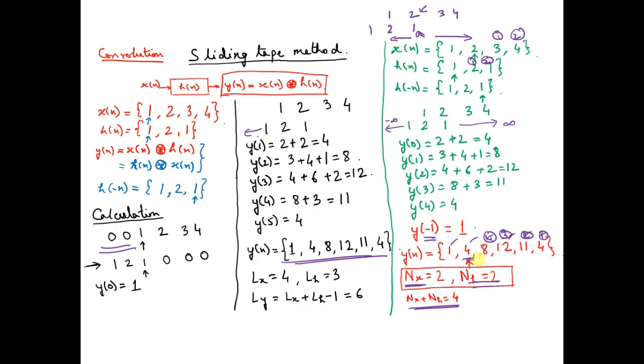But it is quite a tedious process. We don't want to go with that, because when you go for the other methods, for example the tabulation method, the computation is quite easy, but how do you find out the origin and what should be the length of the signal? That you don't know.